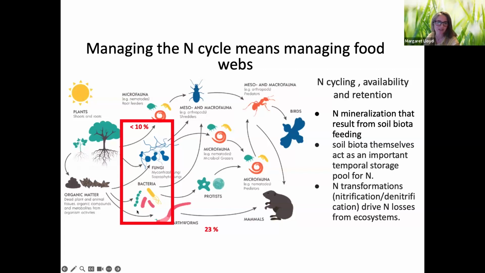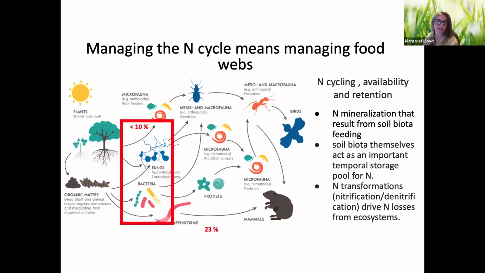So we have the inputs, we have this breakdown, but these microbes and some larger organisms like earthworms are part of a food web that is feeding off of them. And so this whole food web is driving and influencing the nitrogen cycle.